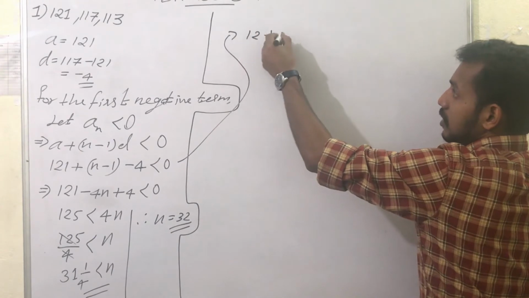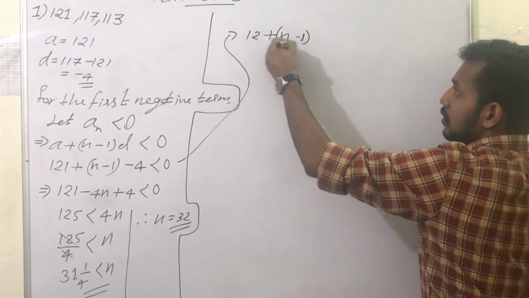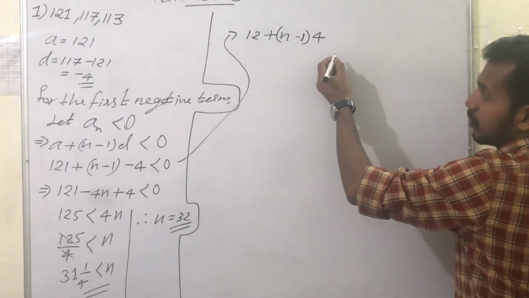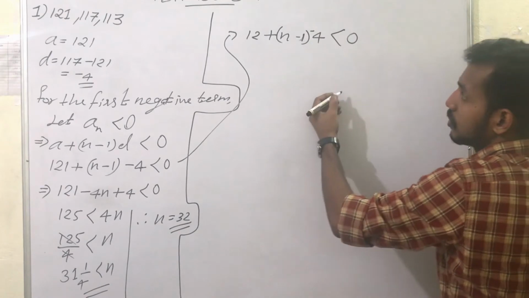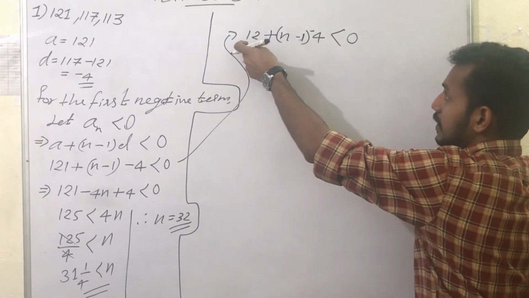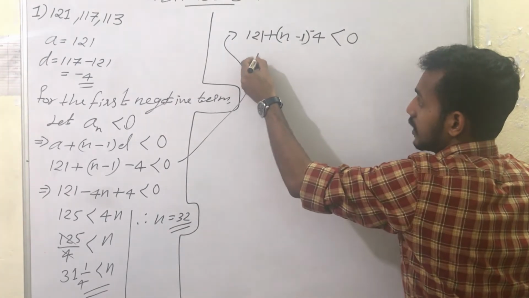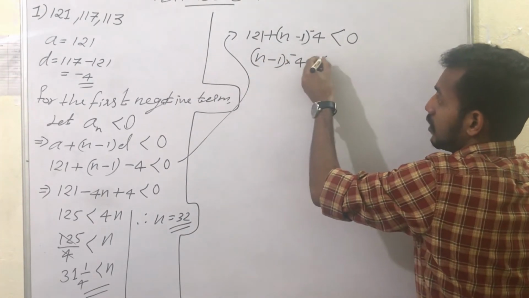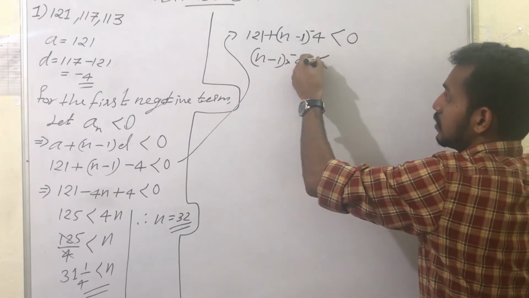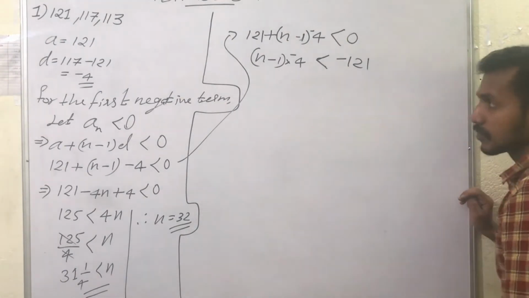121 plus (n minus 1) into minus 4 less than 0. Suppose you directly take the 121 to the right side, we will get (n minus 1) into minus 4 less than minus 121. No problem.